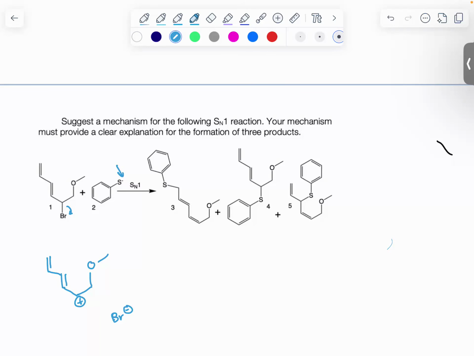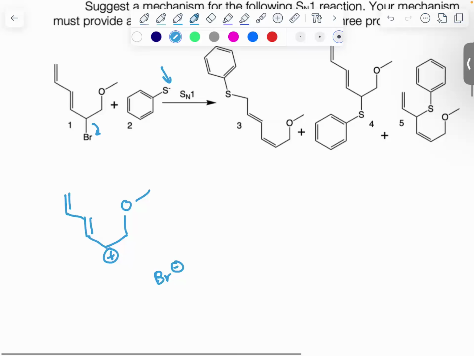How can I make a resonance structure? What can I move around on this molecule? The double bonds. So I can do just one shift, and I get a different cation.